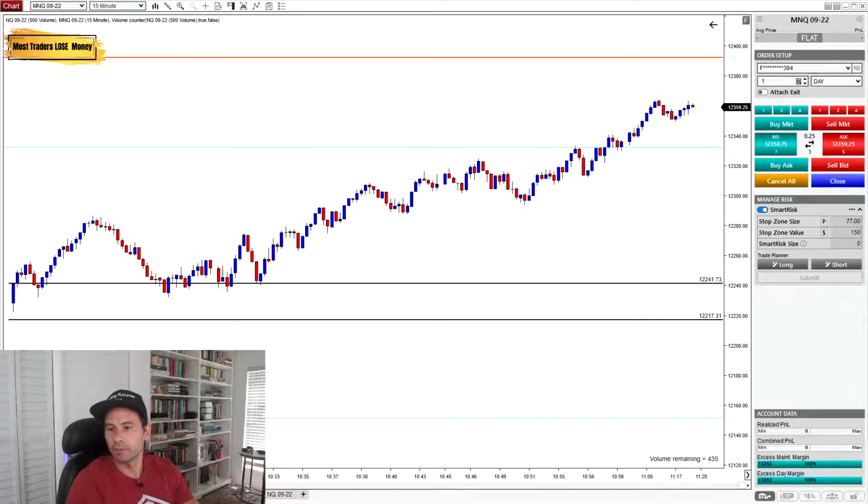Slowly grinding up, slowly grinding to the upside. So that might be it for today, guys, because I don't think we have anything else. If I don't have a nice pullback, I don't think I'll be able to trade this thing. The dollar is not showing any sign of change. It's just going sideways right there.